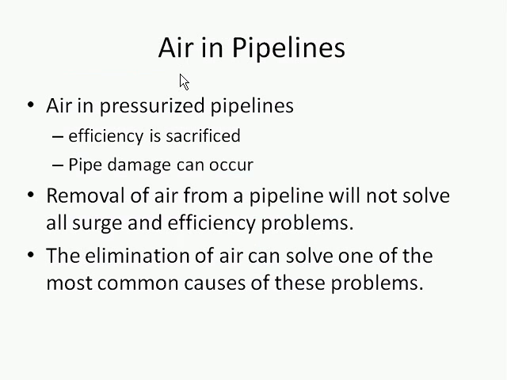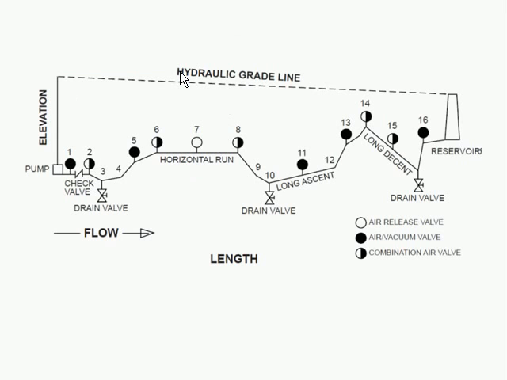So we want to do things that remove the air in the pipeline. Also, we want to be able to drain the water out of a pipeline when you turn off a system. So here's an example of where we would use some air release valves and some drains, and why we would use that. Typically, you would have drains at the low points in your system, and you'd have air release valves at the top of your system, and you could also have some vacuum valves that are needed for points along your system.